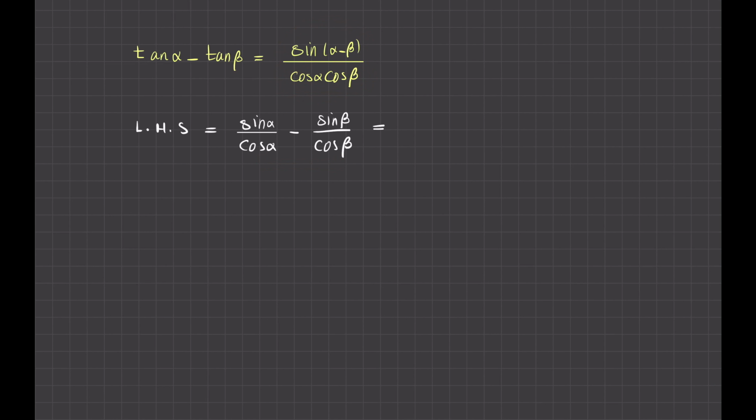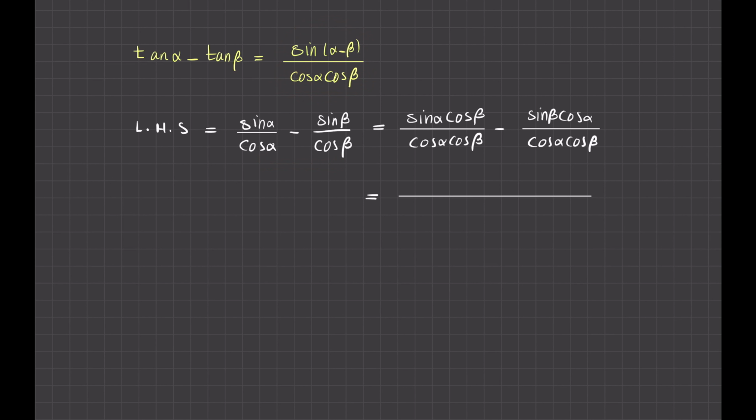So I will rescale the first fraction by cosine beta, so it becomes sine alpha cosine beta divided by cosine alpha cosine beta. And I rescale the second fraction by cosine alpha, so it becomes sine beta cosine alpha divided by cosine alpha cosine beta. Now that I have the same common denominator, I put the common denominator cosine alpha cosine beta, and then I subtract the numerators.